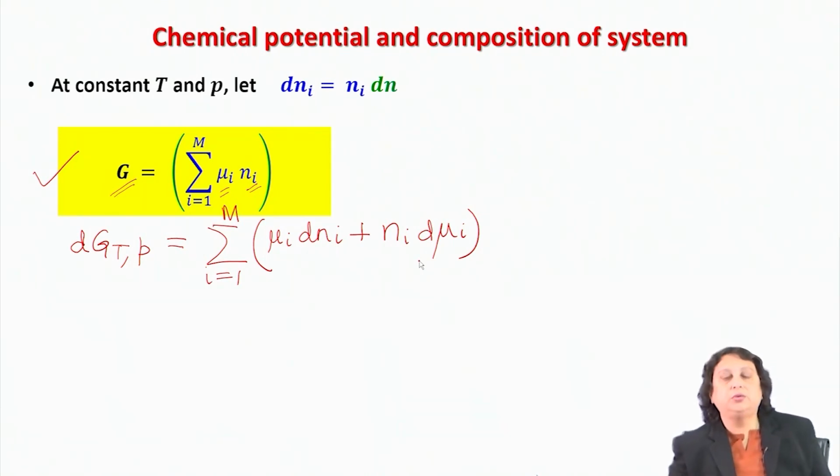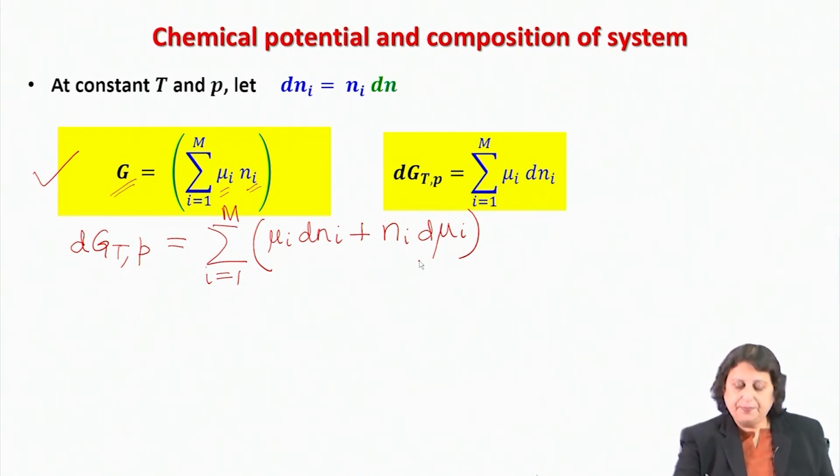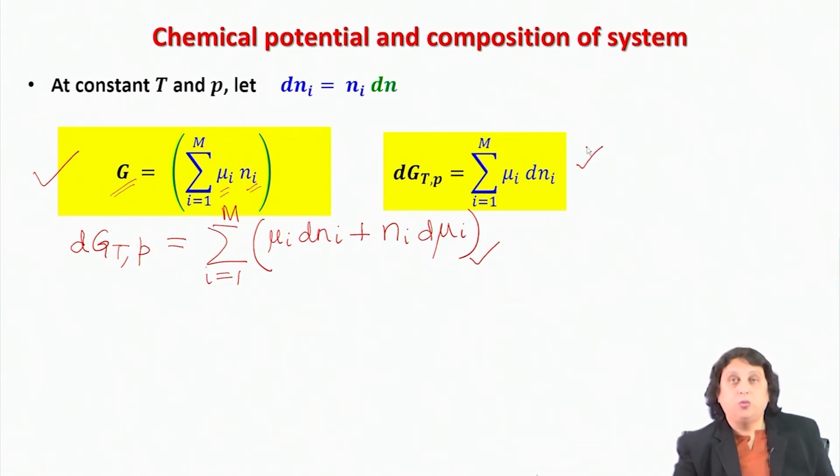I already know that from the thermodynamic equation of state for an open system, dG at constant T and P is equal to the sum of mu i dNi by definition. If I now compare this expression to this expression, what would be my immediate conclusion?